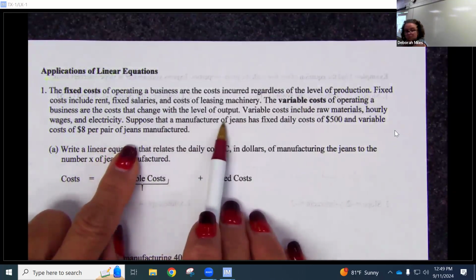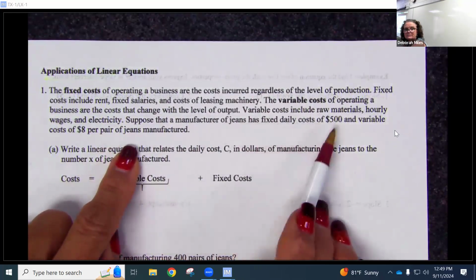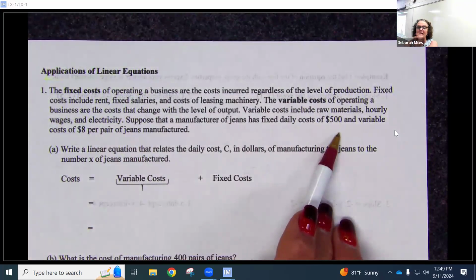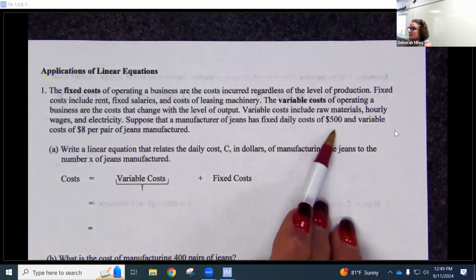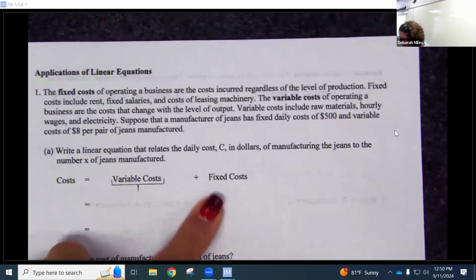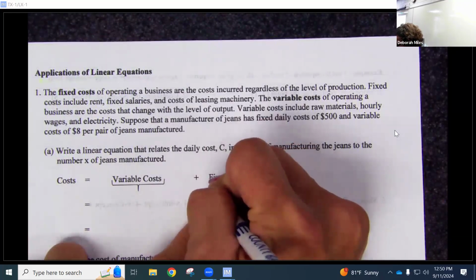Suppose that a manufacturer of jeans has fixed daily cost of $500. That is what the manufacturer is going to have to pay whether they make any jeans or not. That's your fixed cost, $500.